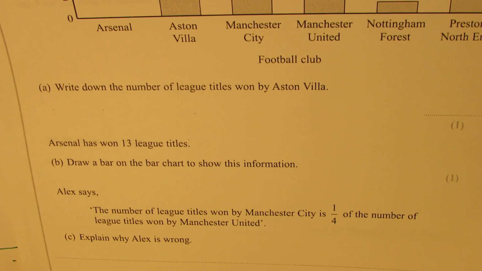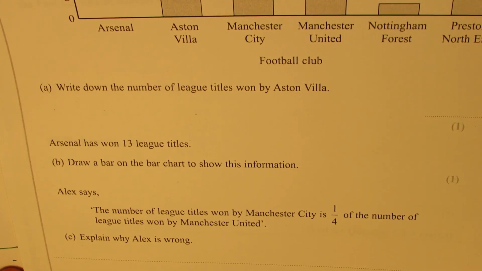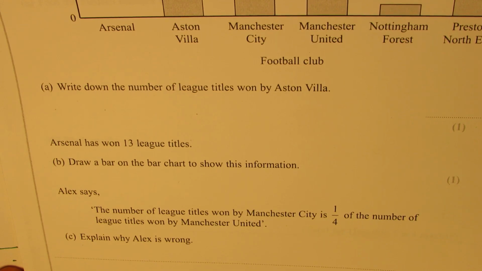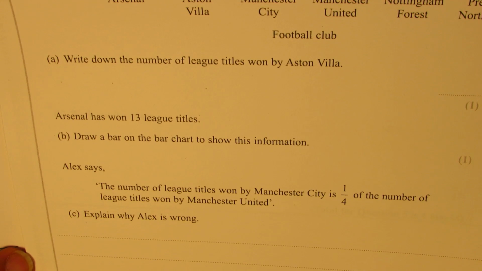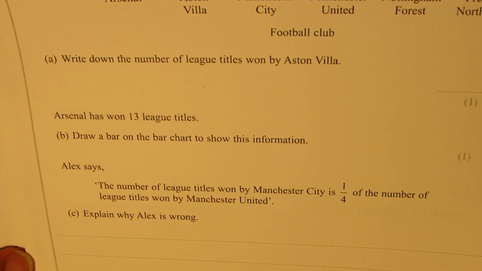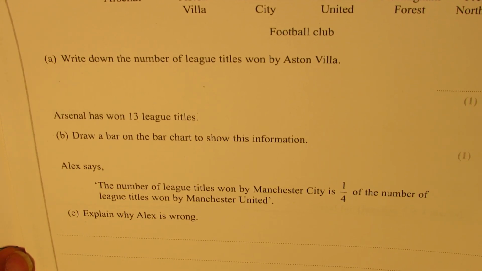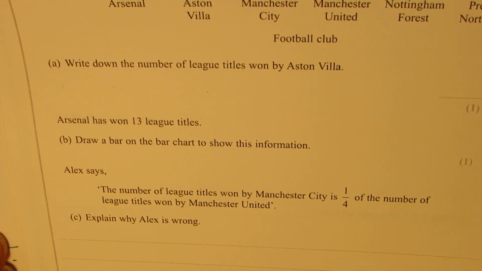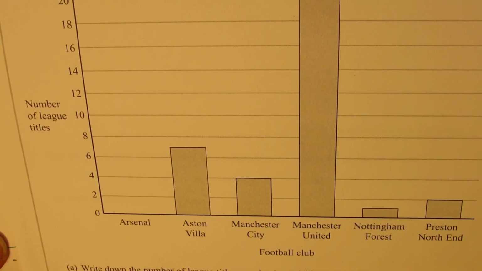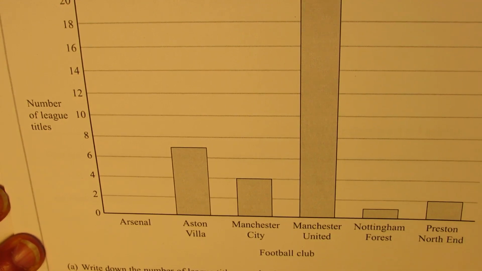A. Write down the number of league titles won by Aston Villa. Arsenal has won 13 league titles. Draw a bar on the bar chart to show this information. Alex says the number of league titles won by Manchester City is 1/4 of the number of league titles won by Manchester United. Explain why Alex is wrong. So let's look into these solutions one by one. You can always answer them.